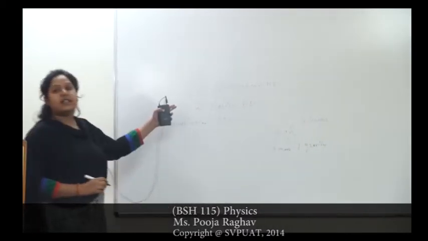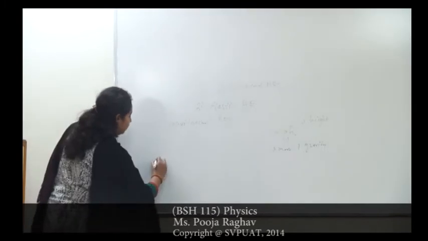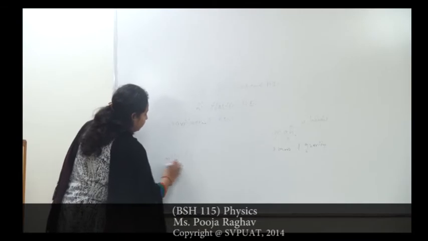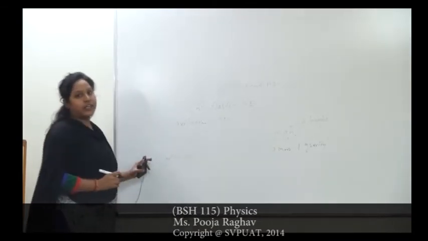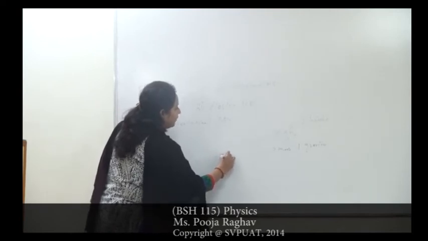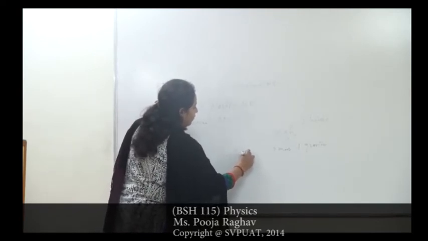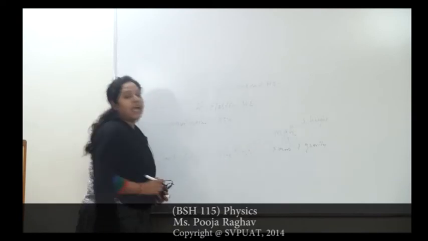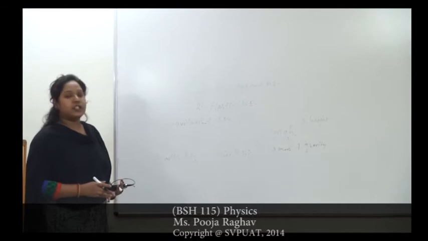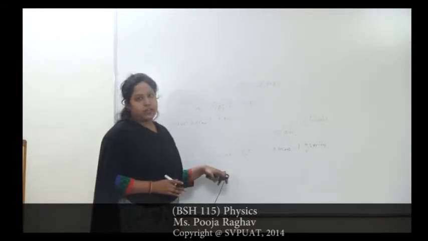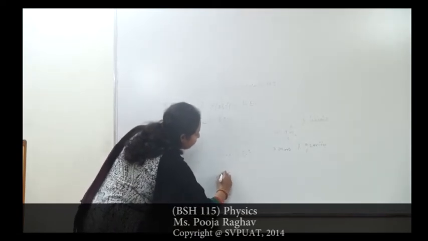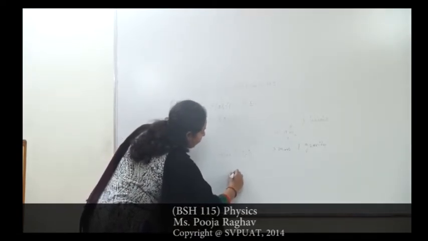The next topic is elastic potential energy. For discussing this potential energy, we take spring potential energy. The energy associated with the state of compression or expansion is called spring potential energy, and its value is kx.